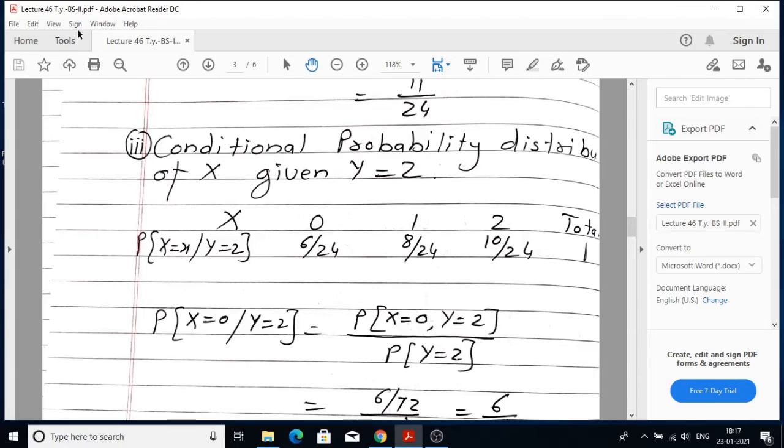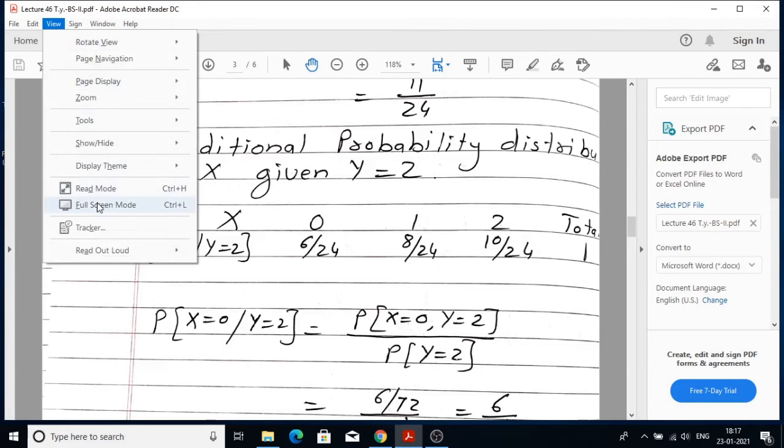First possibility, x is equal to 0 given y is equal to 2 is equal to probability x is equal to 0, y is equal to 2 divided by probability y is equal to 2. So x is equal to 0, y is equal to 2, the value is 6 by 72.